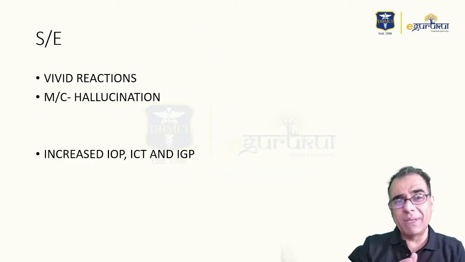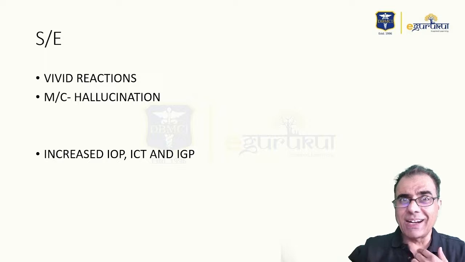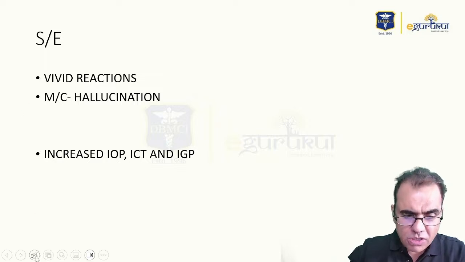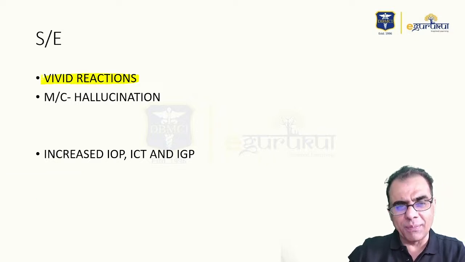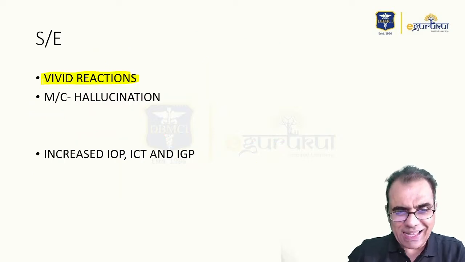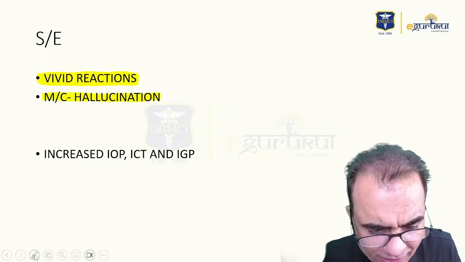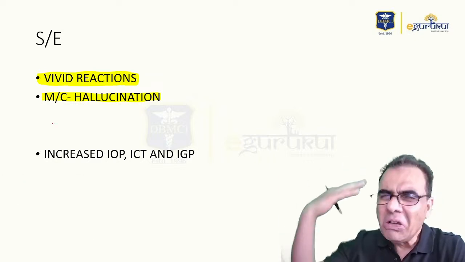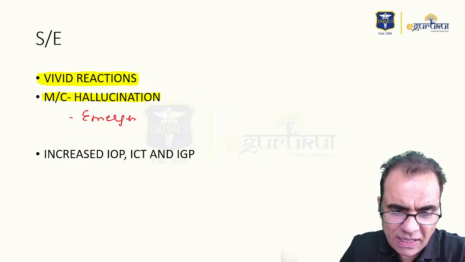But I told you ketamine is a unique drug which has certain clear-cut disadvantages also. The disadvantages or side effects, the most important complication which limits the use of ketamine to certain situations like shock patients, full stomach patients or active asthma patients, is that there is a risk of vivid reactions, which most commonly manifest as hallucinations, although it can manifest in any form, vivid dreaming, or as emergence delirium.